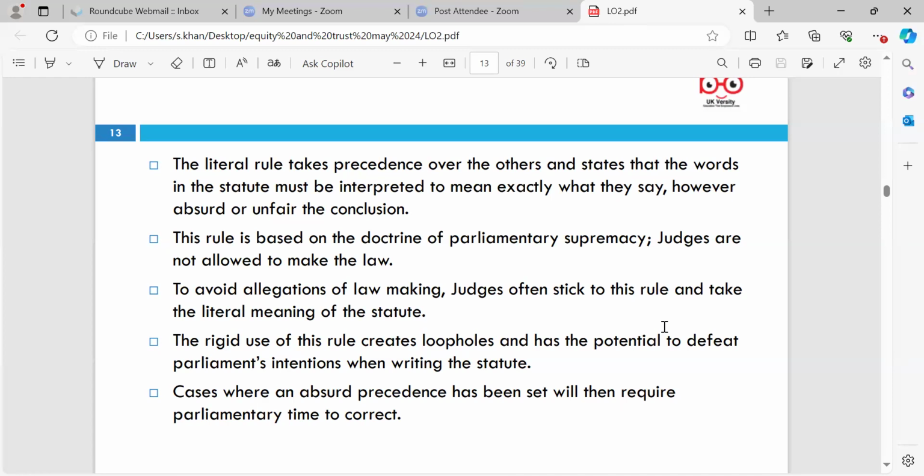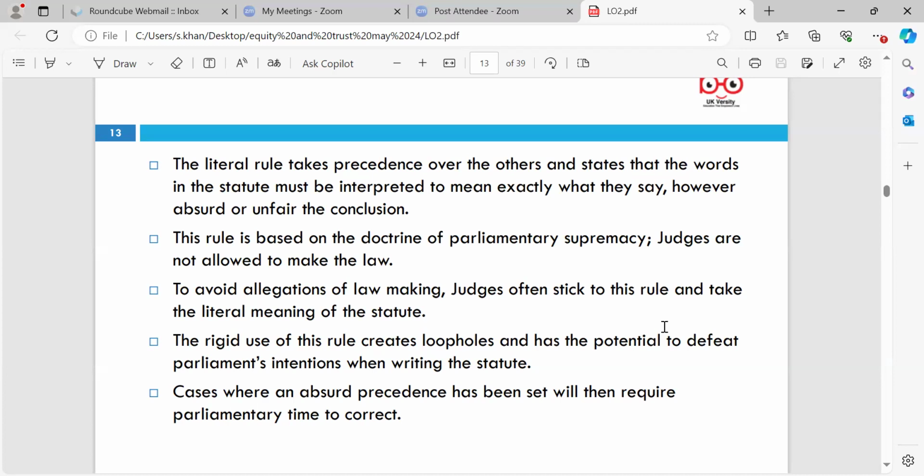A famous case in regards to this was where Lord Diplock in Duport Steels v Sirs, 1980, defined the literal rule as where the meaning of the statutory words is plain and unambiguous. It is not for judges to invent fancied ambiguities as an excuse for failing to give effect to its plain meaning because they consider the consequences for doing so would be inexpedient or even unjust or immoral.